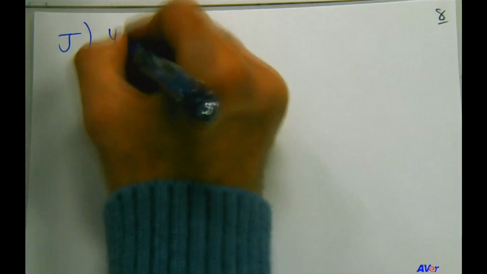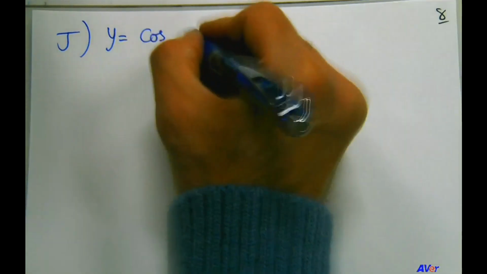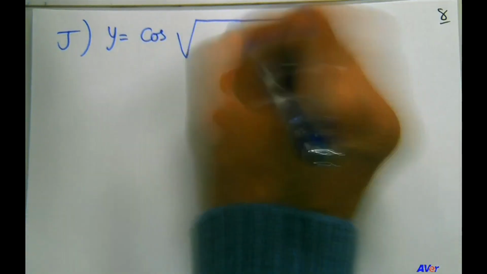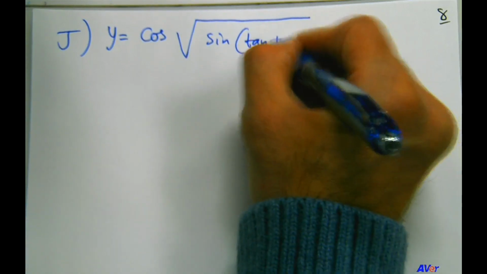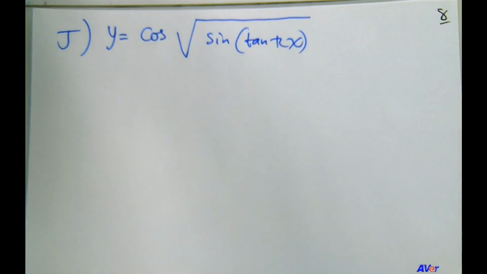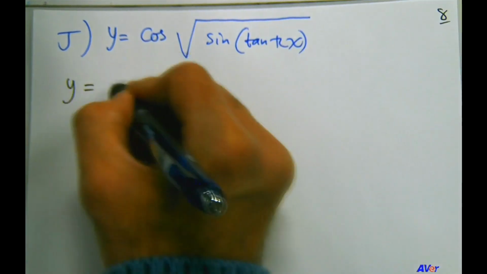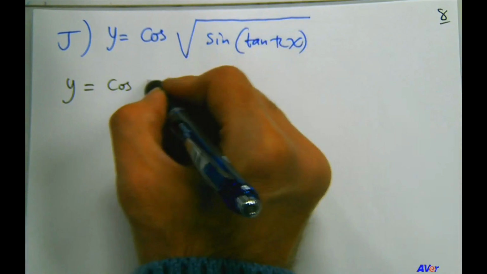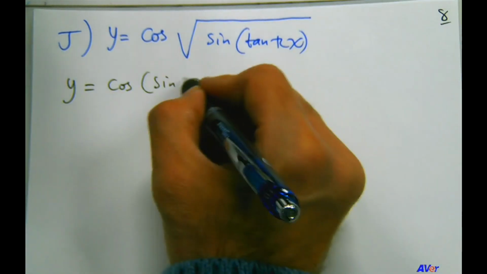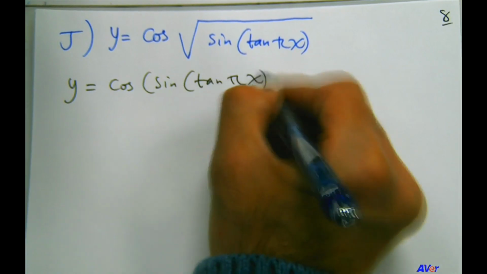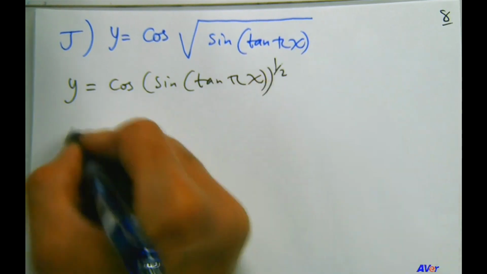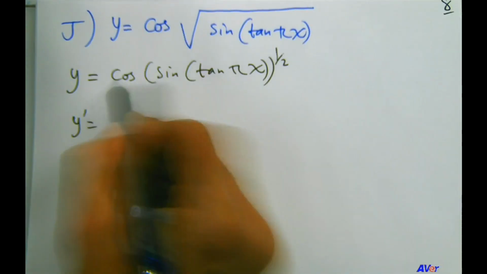Sorry about that. So we want to find the derivative of this, j, which is y equals cosine of the square root of sine of tangent pi x. So let's rewrite this in terms of a rational exponent, sine of tangent pi x to the 1/2 power. So y prime would be, first take the derivative of this.